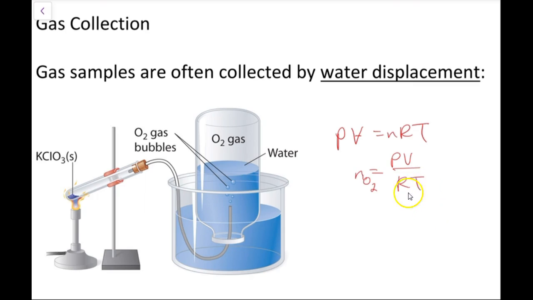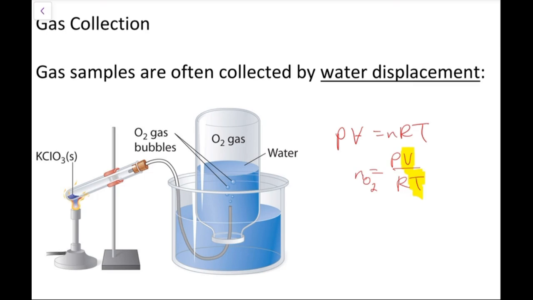All right. Now the temperature, that would be, yes, absolutely. The temperature of the room should also be the temperature of the gas inside the bottle. So that would be okay to use. Whatever the room temperature is, I would plug into my n equals PV over RT equation. The volume, absolutely.